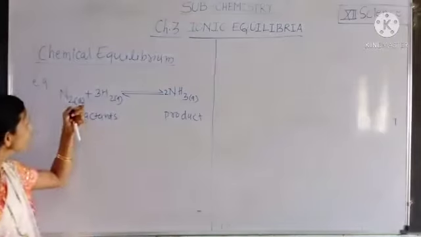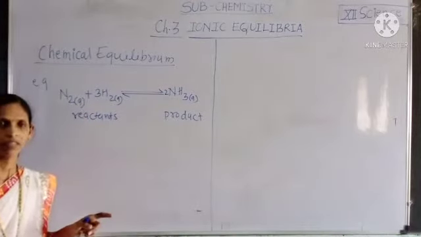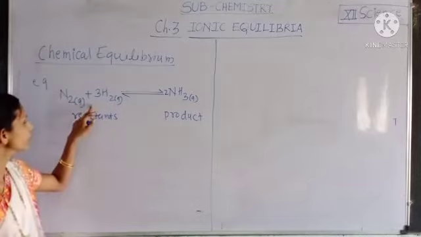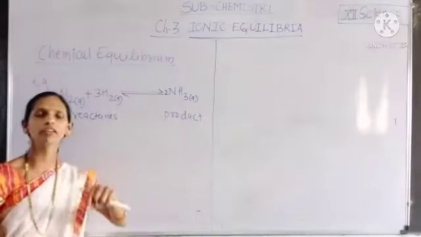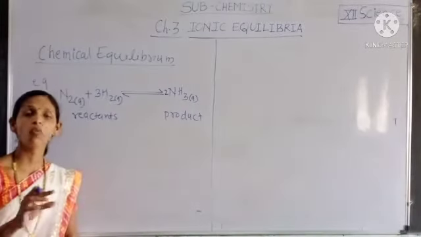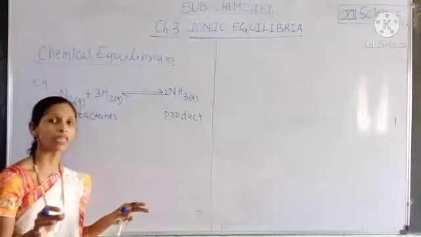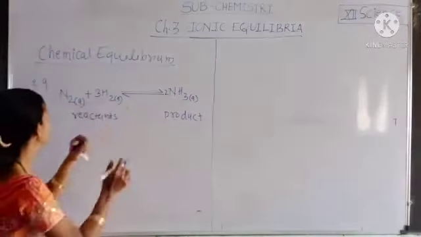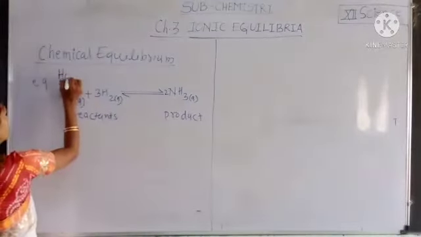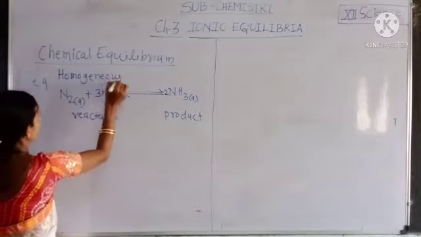If the reaction is carried out in liquid state, in which reactants and products are in liquid state, then it is homogeneous. Homo means same state. Homogeneous means the reaction is carried out in the same state. Then that reaction is a homogeneous reaction.